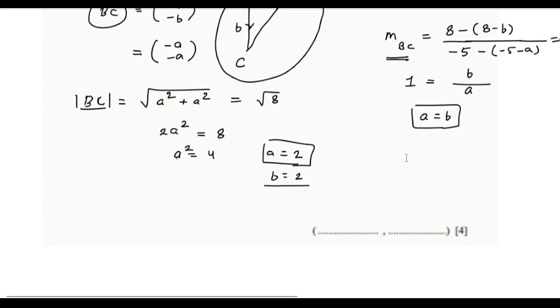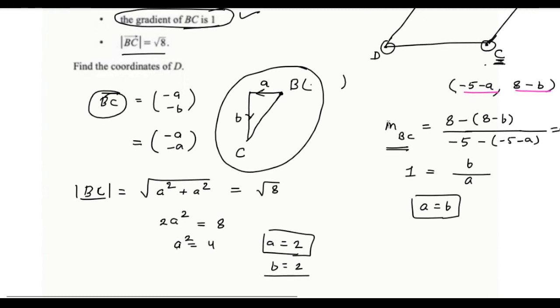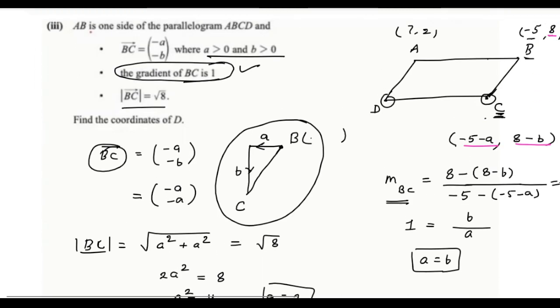And now the main problem, you have to work out the coordinate of point D. Actually, this is not the problem. The problem was to find out what is the coordinate of D. So as you got the value of A and B, now if I replace the same thing here, it's a minus 5, minus 2, and this is my 8 minus 2.